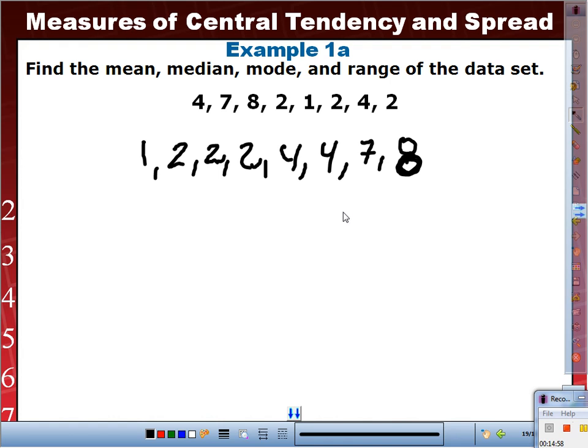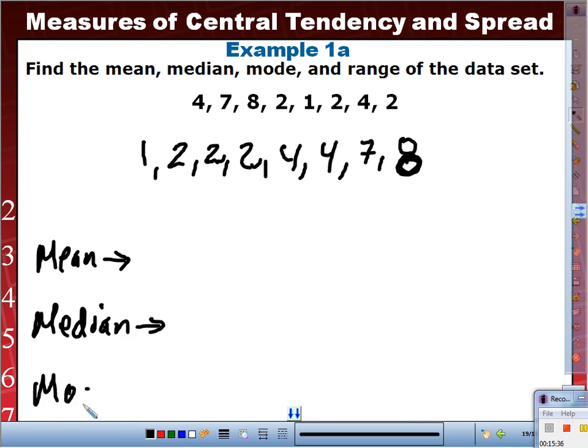You write that in the front underneath your Frayer model. Step two.